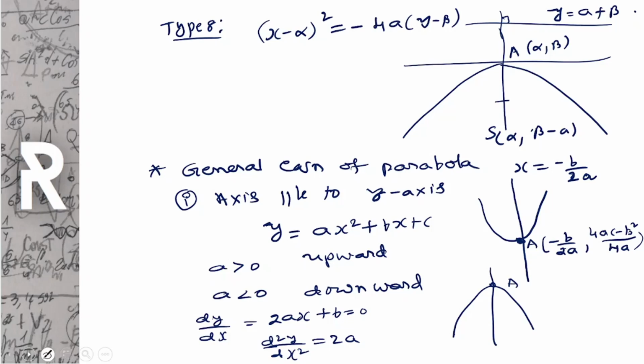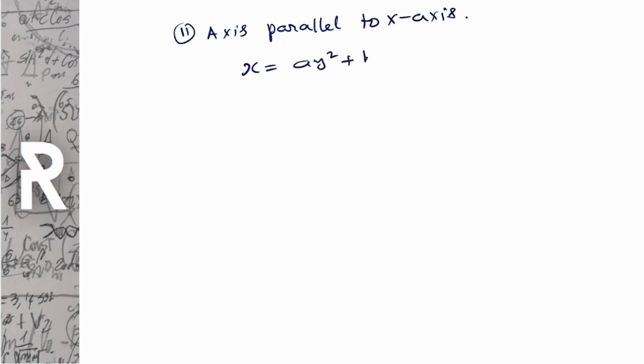Similarly, the general equation of a parabola with axis parallel to the x-axis. Axis parallel to the x-axis means type 5 and type 6, you observe. Y with degree 2, x with degree 1. A positive, RH. A negative, LH.